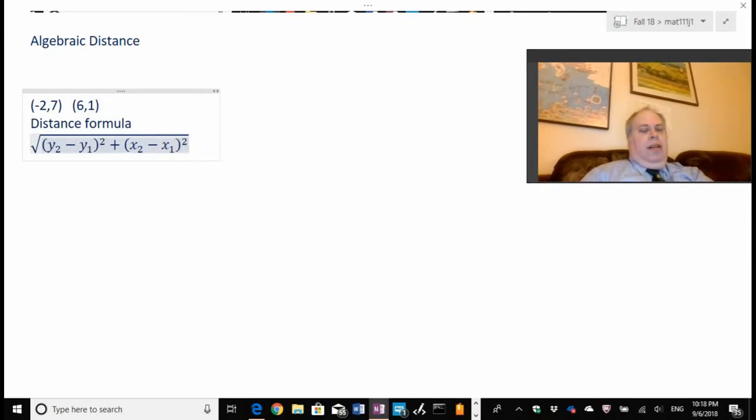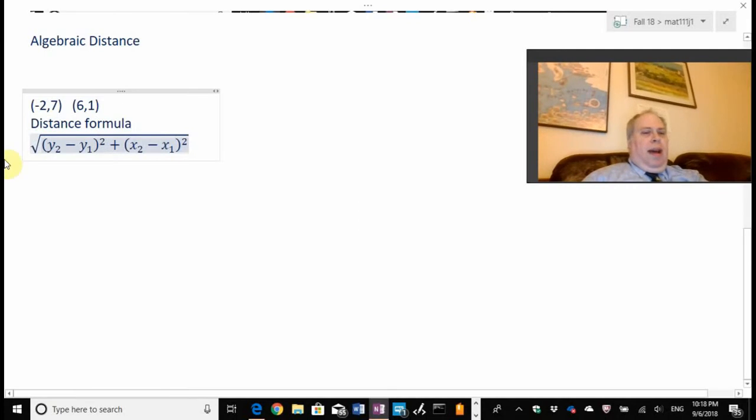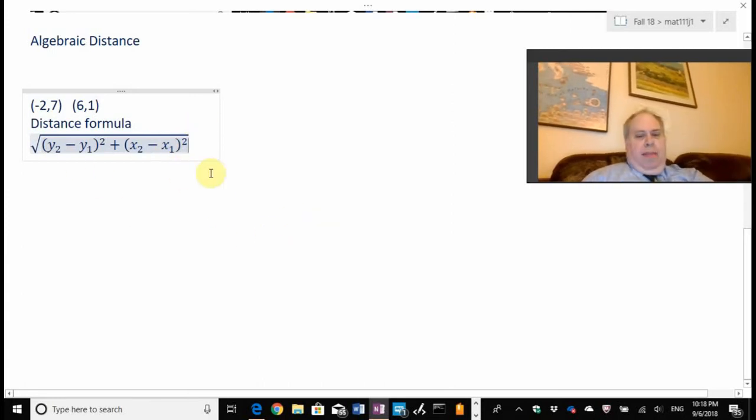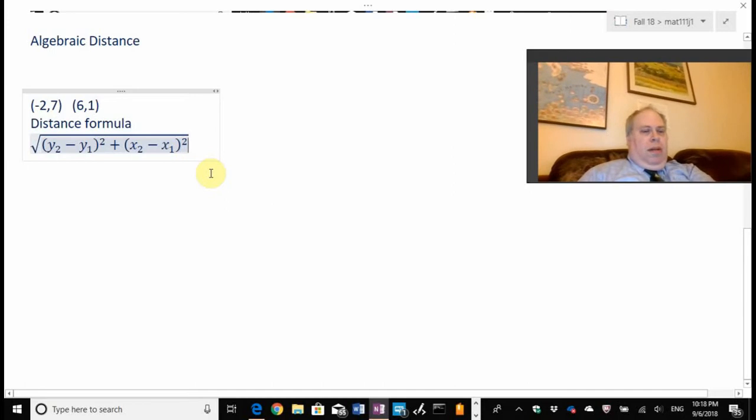Now, you might wonder, what does it matter whether I do y1 minus y2 or y2 minus y1? It doesn't for this formula because it's being squared, but it will matter in other formulas, and I just want to get in the habit of always subtracting y2 minus y1.